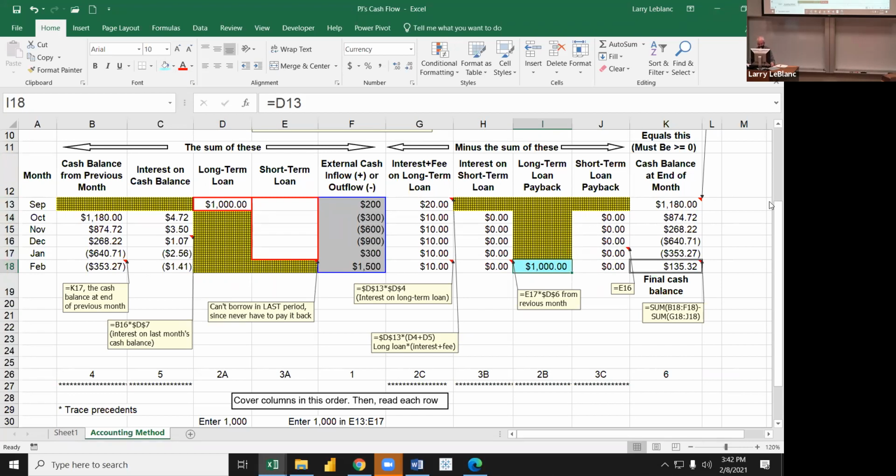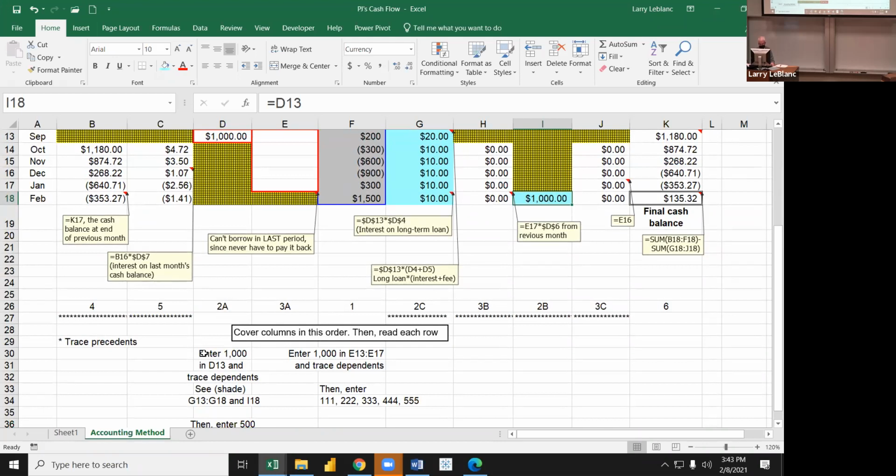We've got to repay whatever we borrow at the end of the horizon. In addition, look at these colored cells. We've got to pay 2% in month 1, the 1% loan initiation fee, the 1% interest. In every subsequent month, we pay 1% interest, and then we repay the principal.